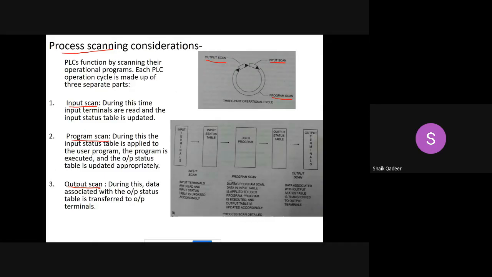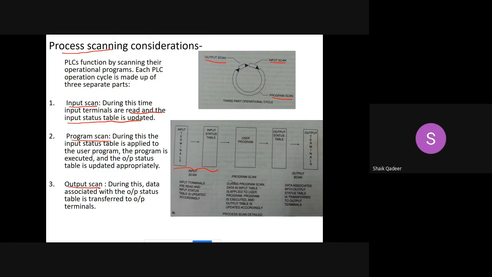During input scan, input terminals are read, and there is one table maintained by the PLC, called the input status table, that is updated. In input scan, all input terminals are read and the input status table is updated. These 2 things happen in input scan.